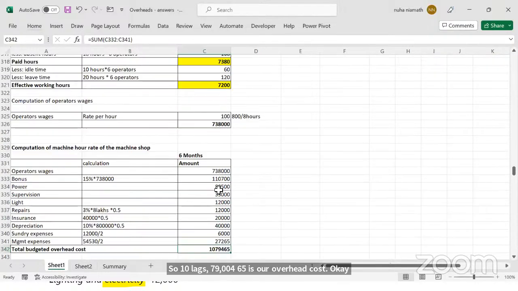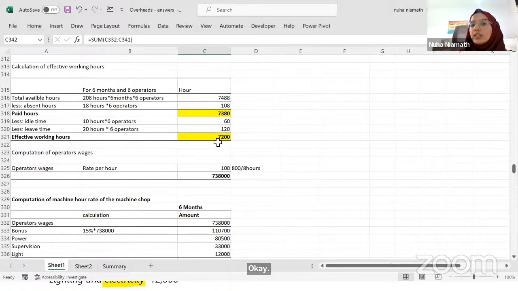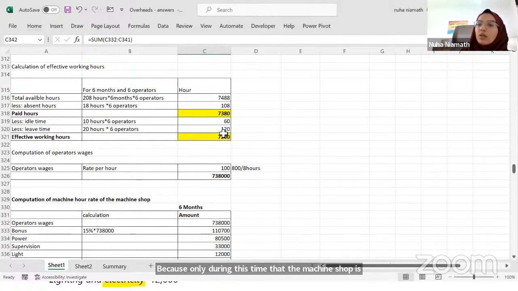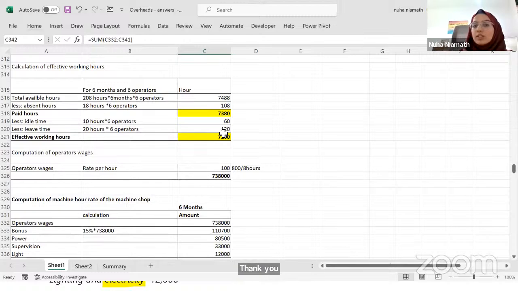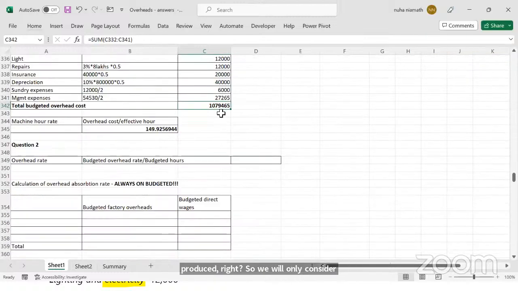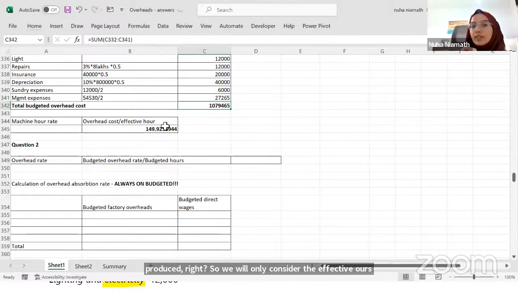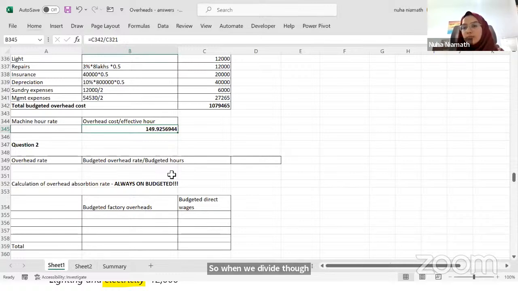Then we calculated the effective working hours, because only during this time is the machine shop actually producing. If the workers are sleeping and they are not doing anything, nothing will be produced, right? So we will only consider the effective hours. So when we divide the total budgeted overhead cost by the effective hours, we will get the machine hour rate. Is that clear, Ajmal?